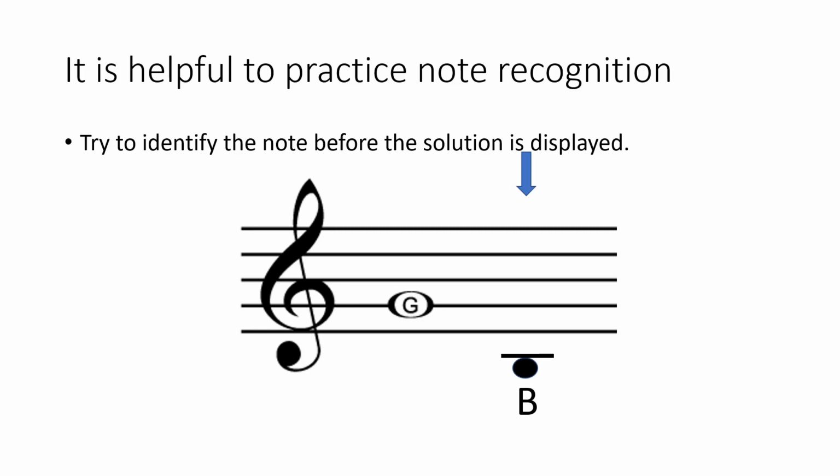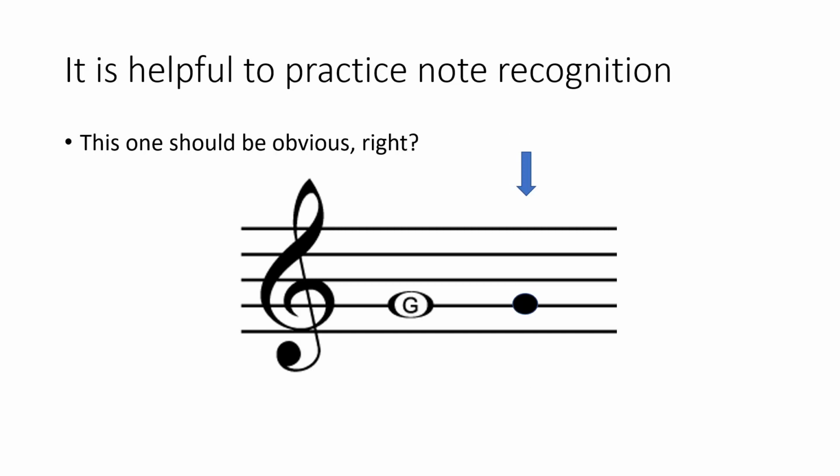B on the space below the first line below the staff. A on the second space. This one should be obvious. The G clef tells us the second line is G.